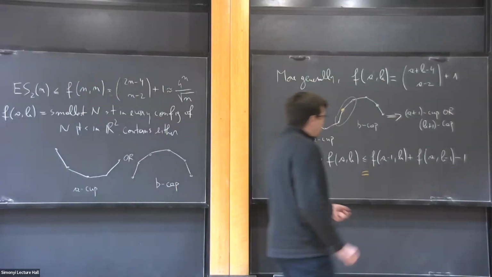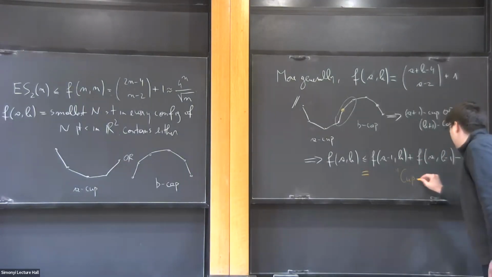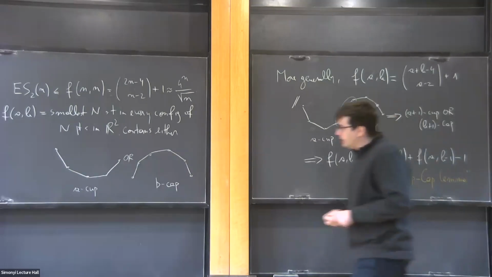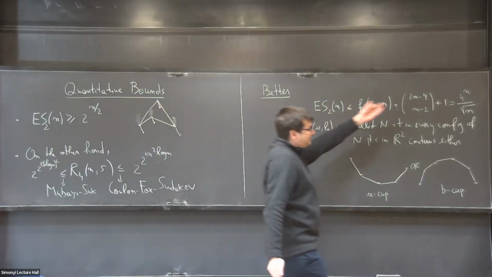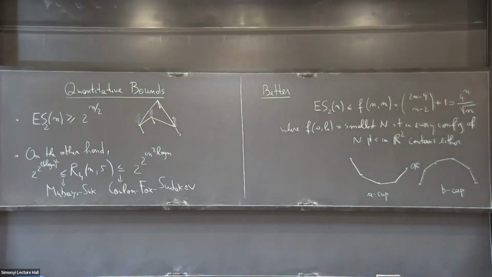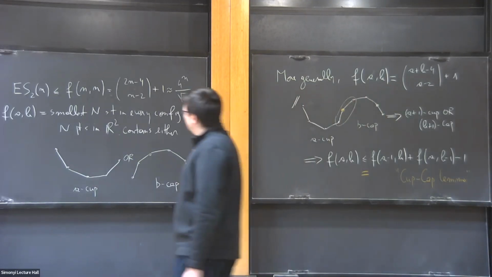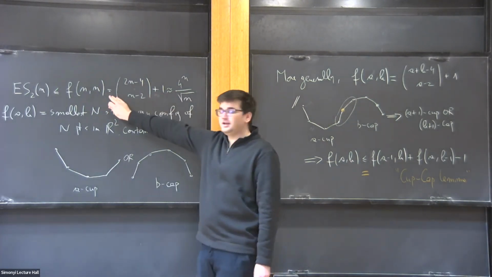Okay, so this story here on this board has a name, which is called the cap lemma. And in some sense, beyond the obvious question of maybe doing better than the upper bound, there are some smaller questions on it. First of all, okay, we have this plus 1 with equality here for this function.